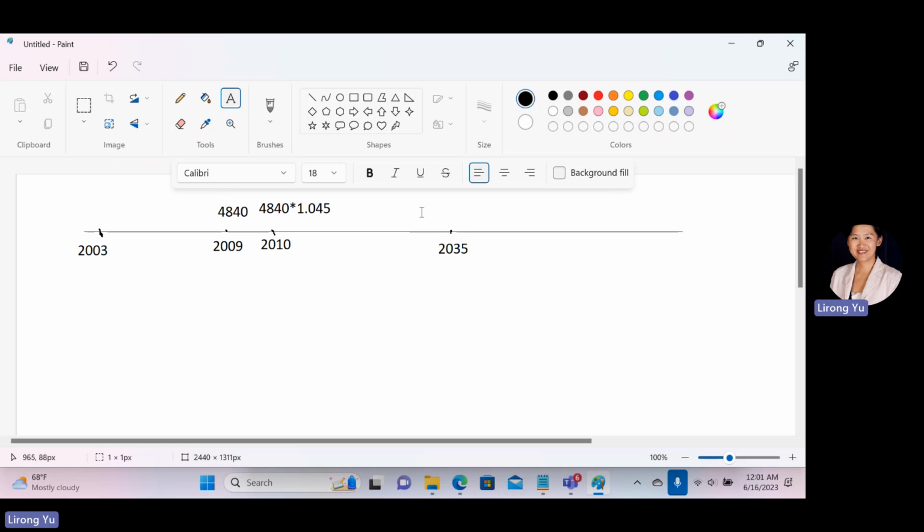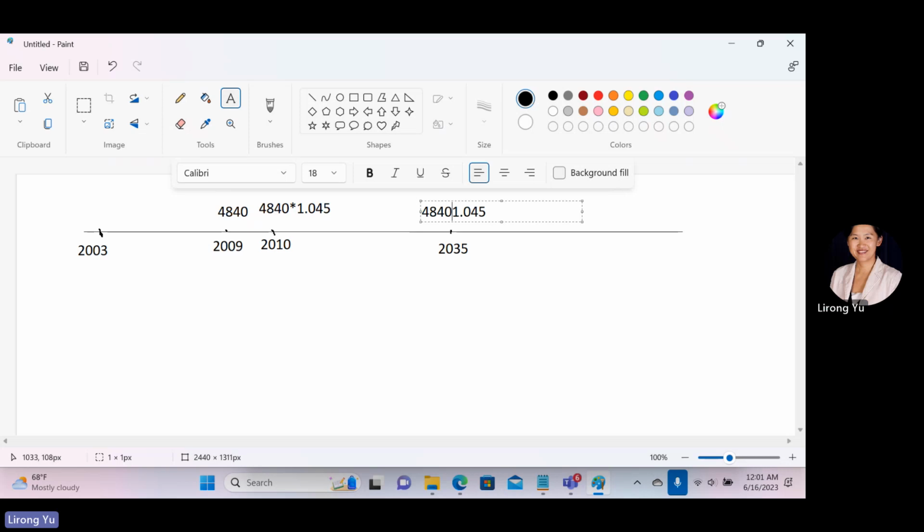The payment must be 4,840 times 1.045 to the power of 26.